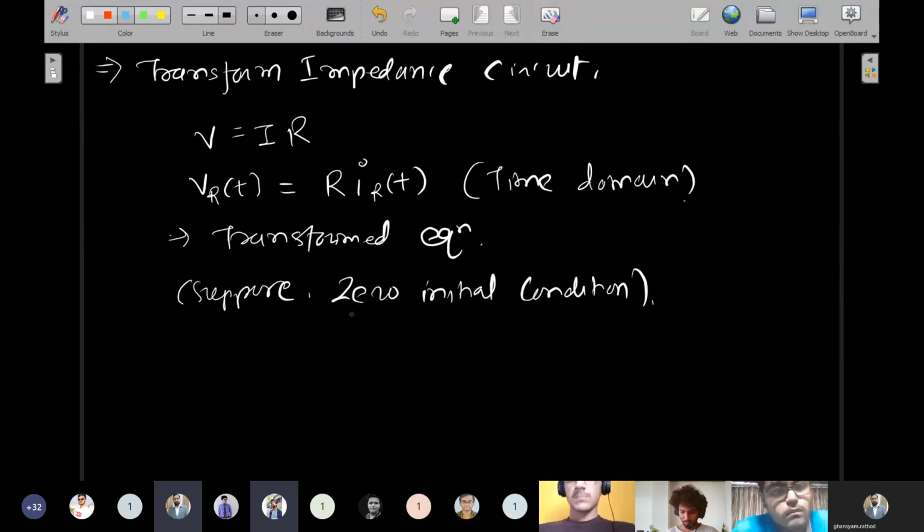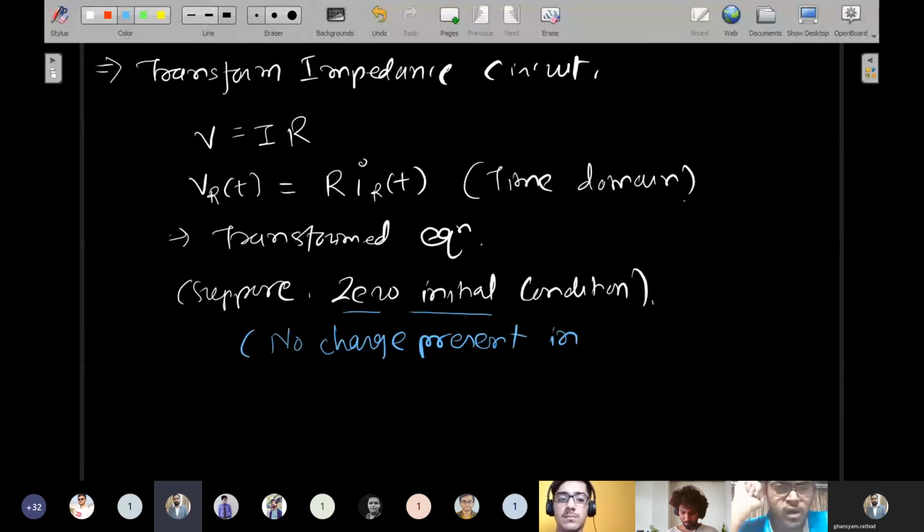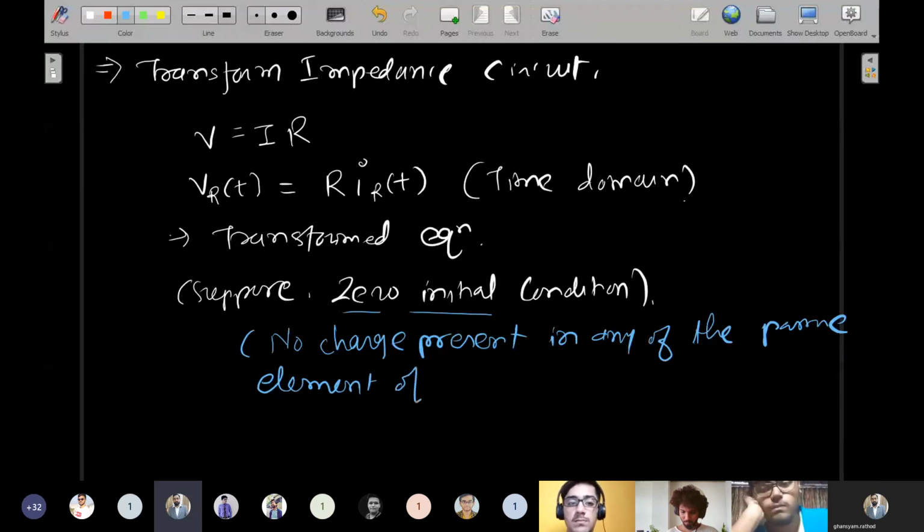Yeah, the meaning of zero initial condition is that no charge is present in any of the passive elements of the circuit. Okay, that shows a zero initial condition.